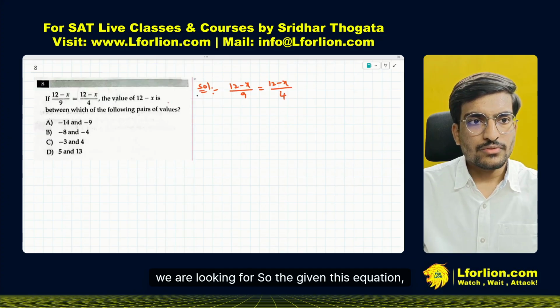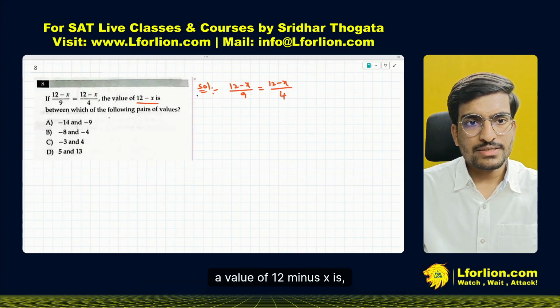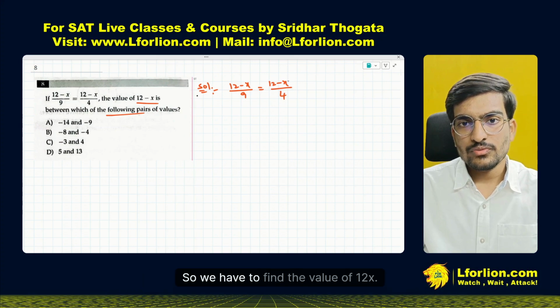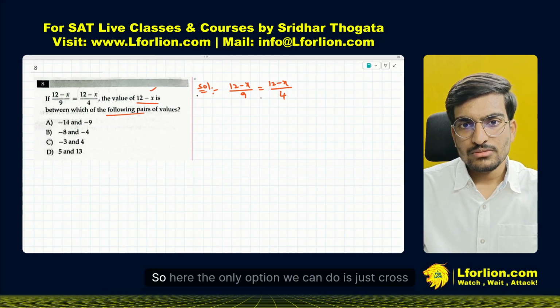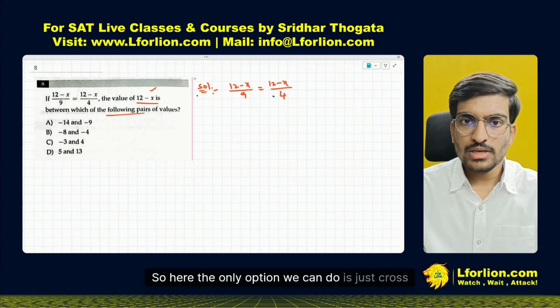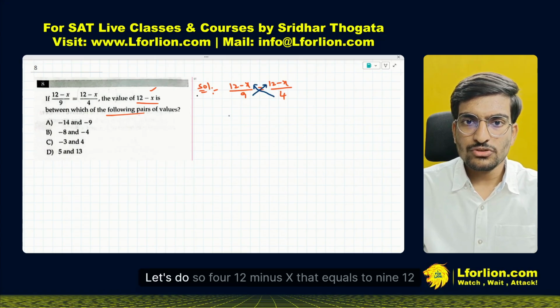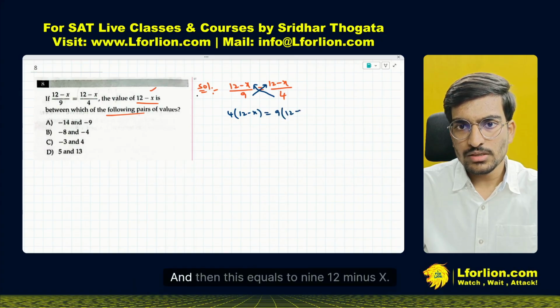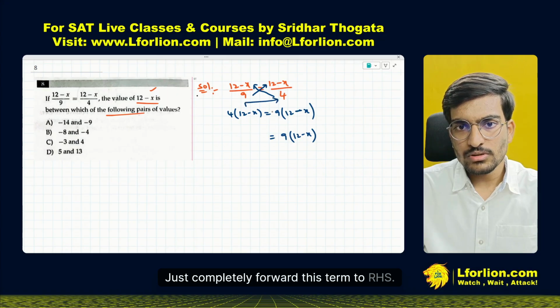So given this equation, the value of 12 minus x is between which of the following pairs of values? So we have to find the value of 12 minus x. Here the only option we have is cross multiplying. So 4(12 minus x) equals 9(12 minus x). Just move this term completely to the RHS.